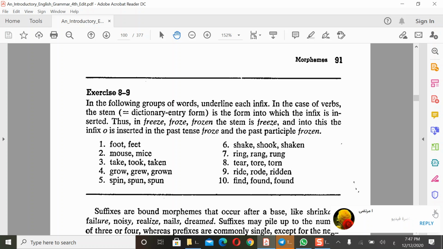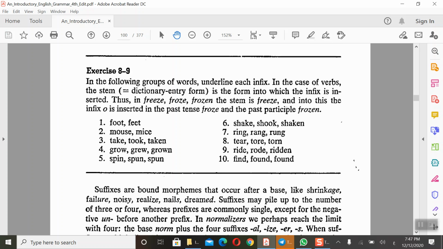Shake, shook, shaking, ring, rang. Find, found. Here we have a shift, a change inside a word.